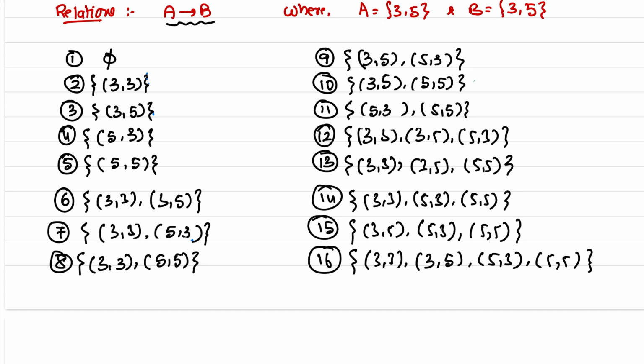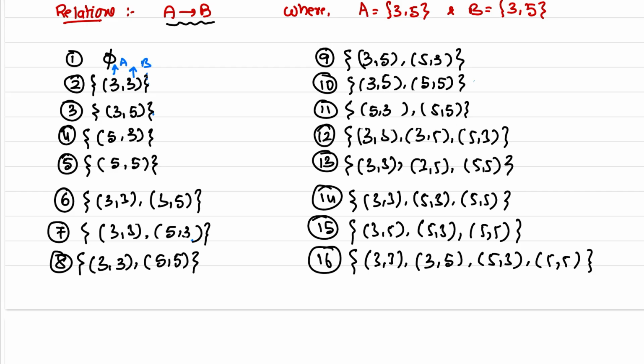For 3 to 5, the relation is there, but for 5, there is no relation. The first element is of A and the second element is of B.